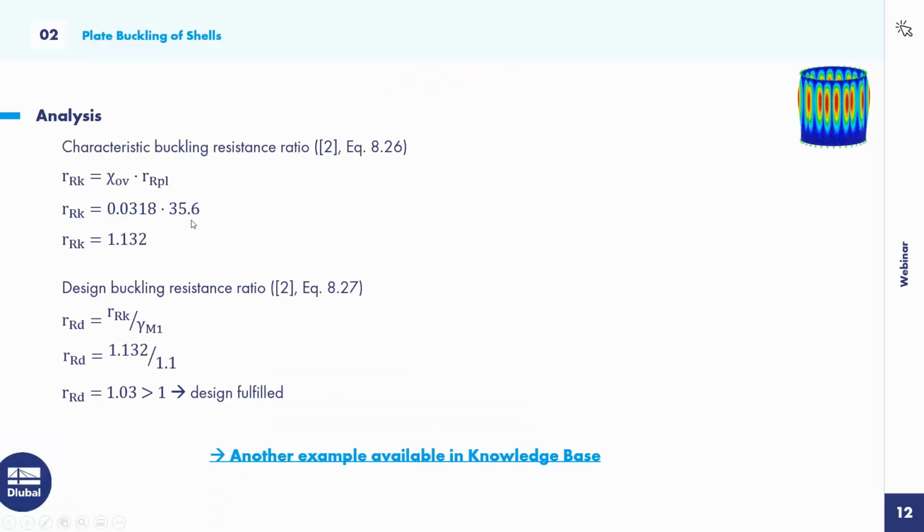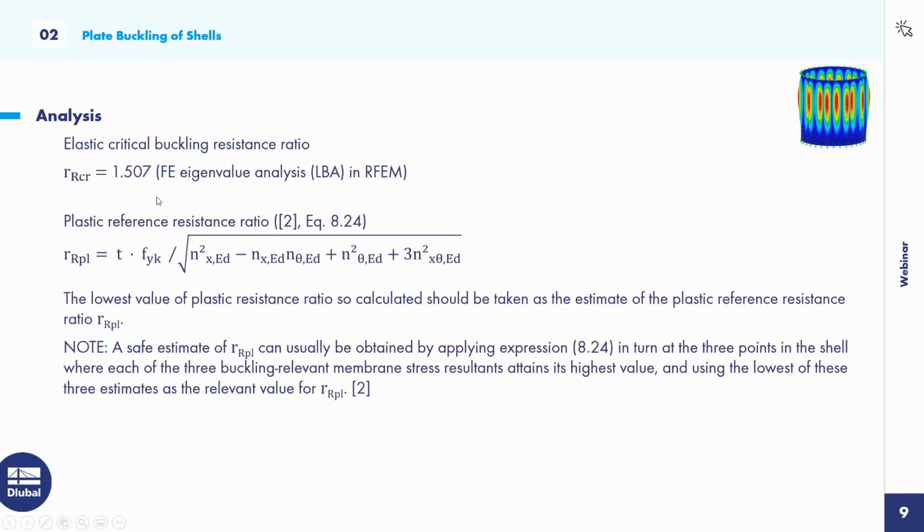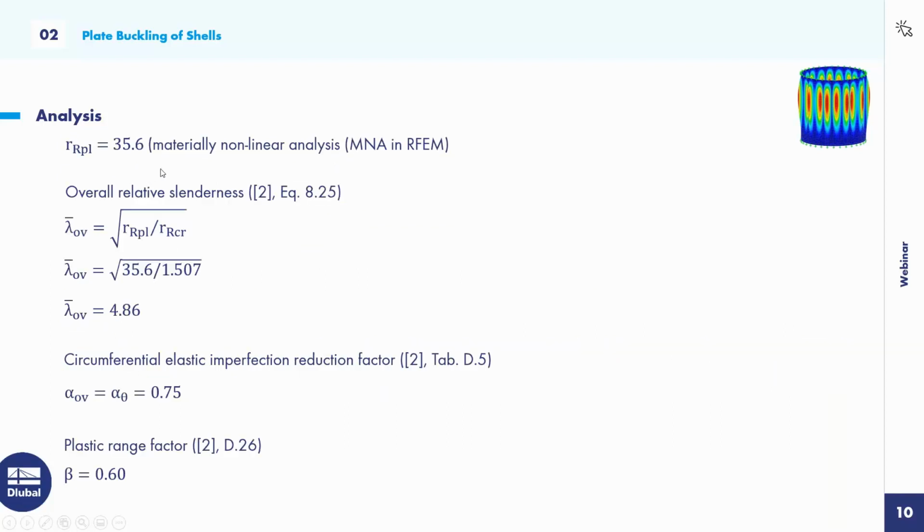Okay, now I think it's not too difficult to apply these equations. The most difficult part is the determining of R_RCR and R_RPL, but that's what I showed you in this webinar.